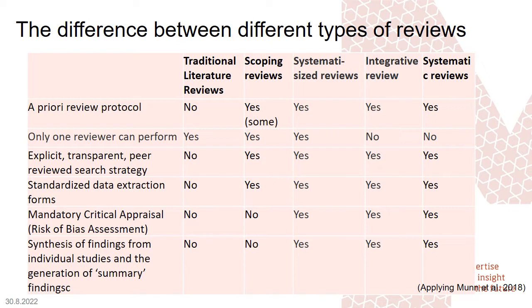In all systematic review types, there must be an explicit, transparent, peer-reviewed search strategy, and that in fact differentiates traditional narrative reviews from systematic review, different systematic review types.